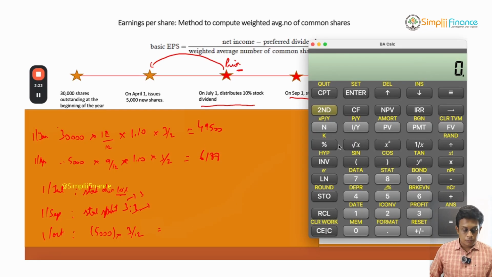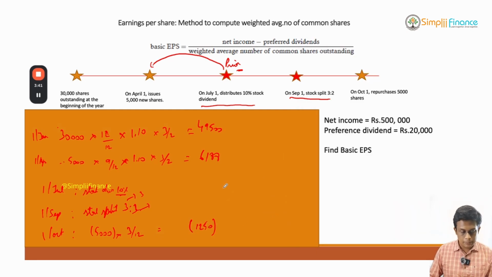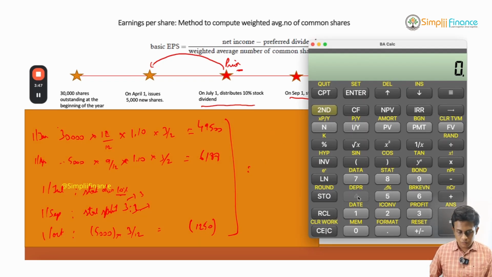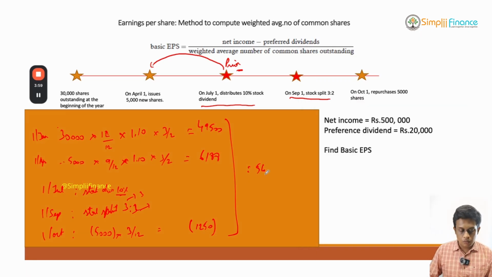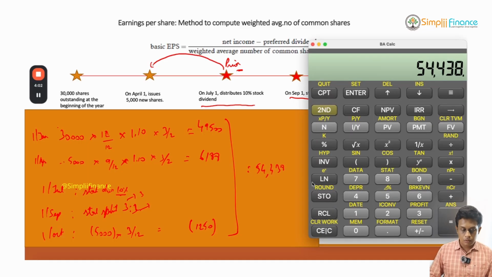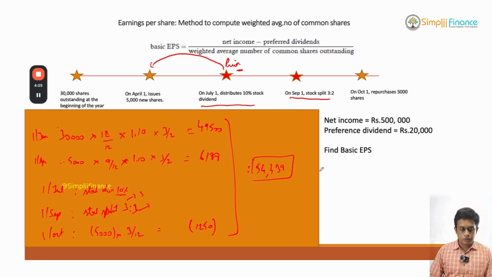And here this becomes 5,000 into 3 divided by 12, which is 1,250. So all these values: 49,500 plus 6,188 minus 1,250, so 54,438 is the weighted average number of shares.